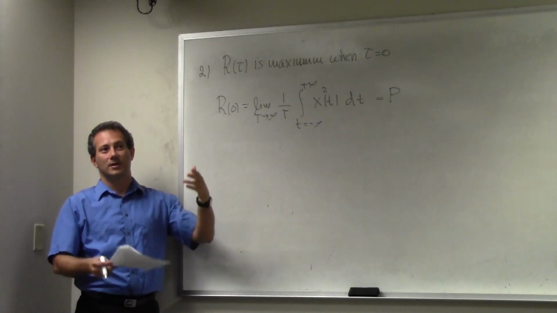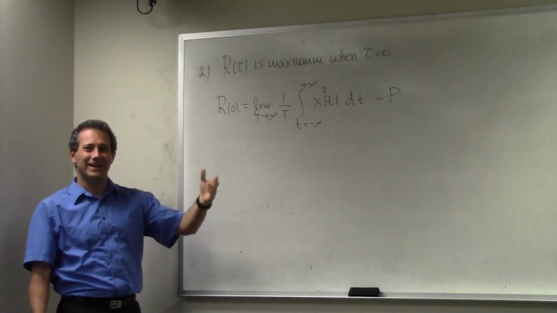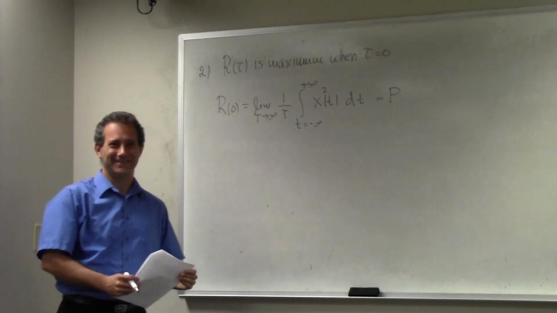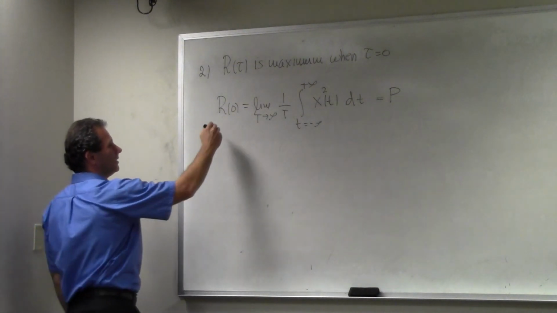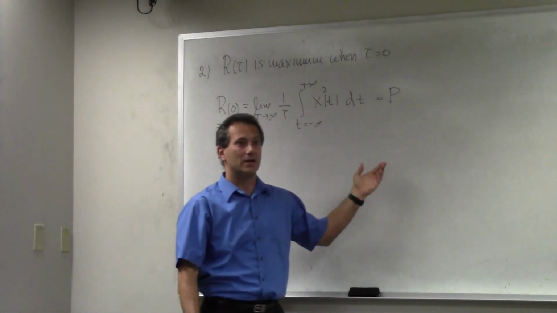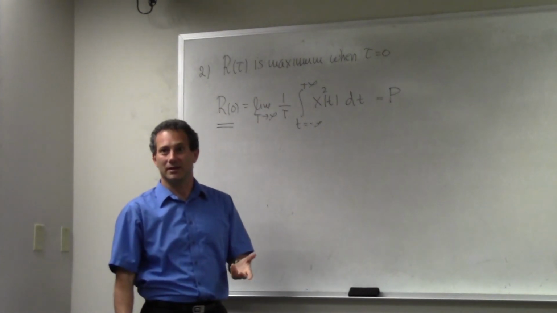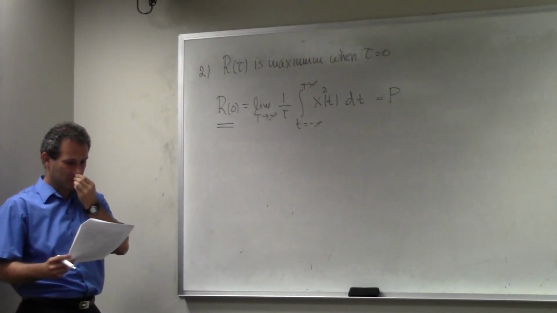But sometimes I get pages of kind of entertaining material. Right, so remember, the value of the power of the signal is the same as autocorrelation function for a 0 lag, and that's the maximum value of the autocorrelation function.